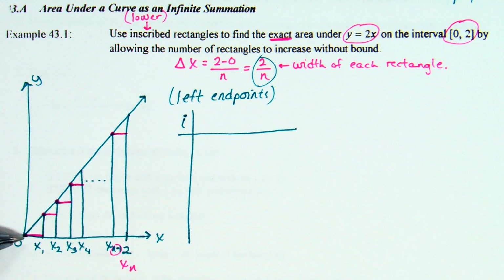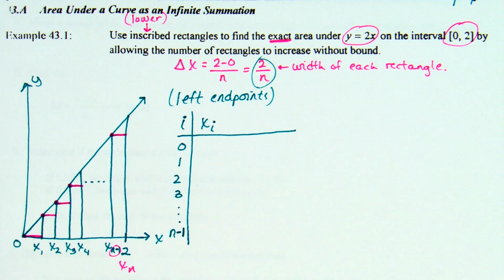Now, it'll probably be helpful if I tell you what x of i is: just taking your i value and multiplying by delta x. So the i value being the interval number, so to speak, times delta x. What is our delta x on this problem? 2 over n.